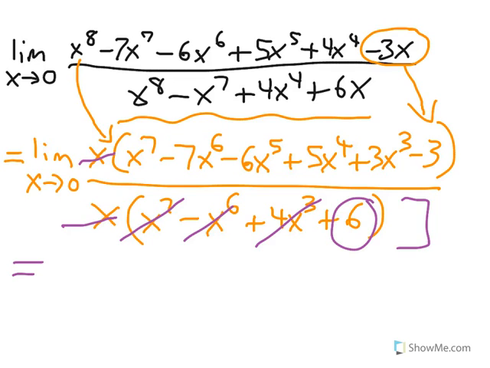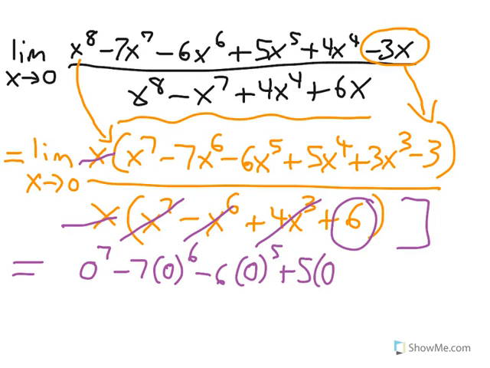Everything on the top is going to be 0 to the 7, minus 7, 0 to the 6. I'm just plugging in 0 for x because I know the bottom's not going to 0. Minus 6, 0 to the 5, plus 5, 0 to the 4, plus 3, 0 to the 3, minus 3.